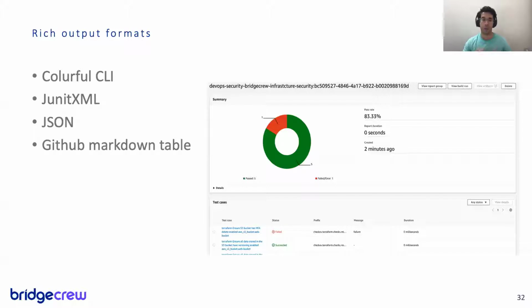So if you choose to use Checkov with JUnit XML within CodeBuild, it will create this nice report with passed checks versus failed checks. And you can have a similar experience within Jenkins that supports JUnit XML reports, and I think that CircleCI does too.